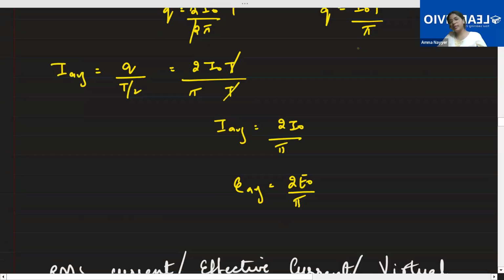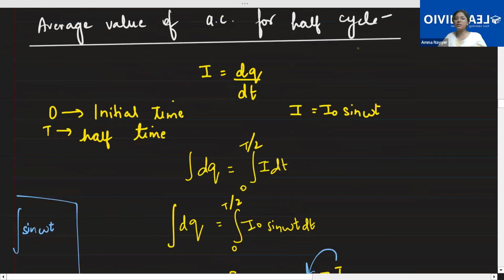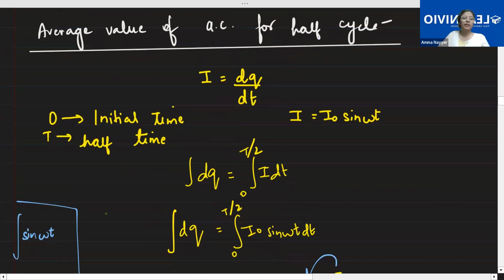Okay, you can write down this derivation. Half one you can write. Is it clear till here? Oishi and Halima? Yes, ma'am. Okay.